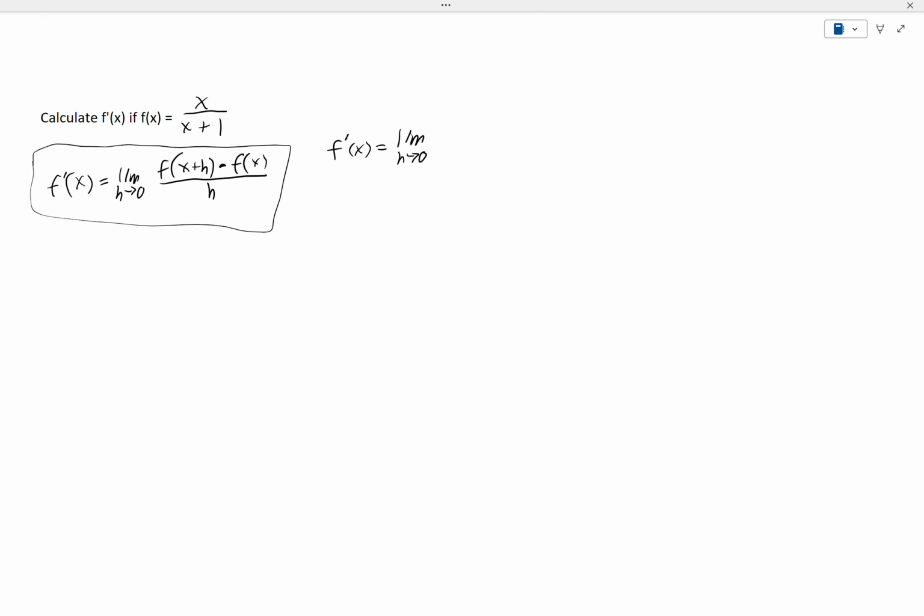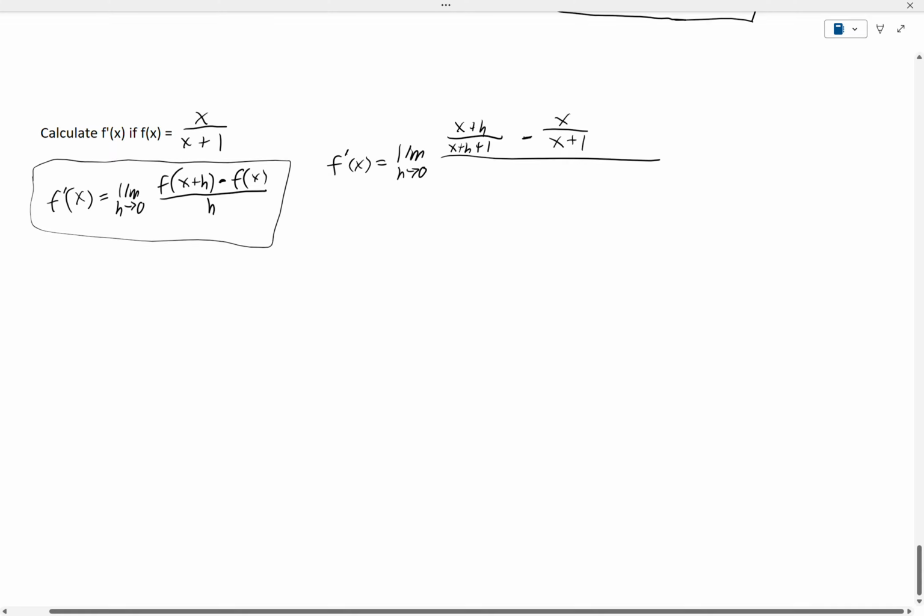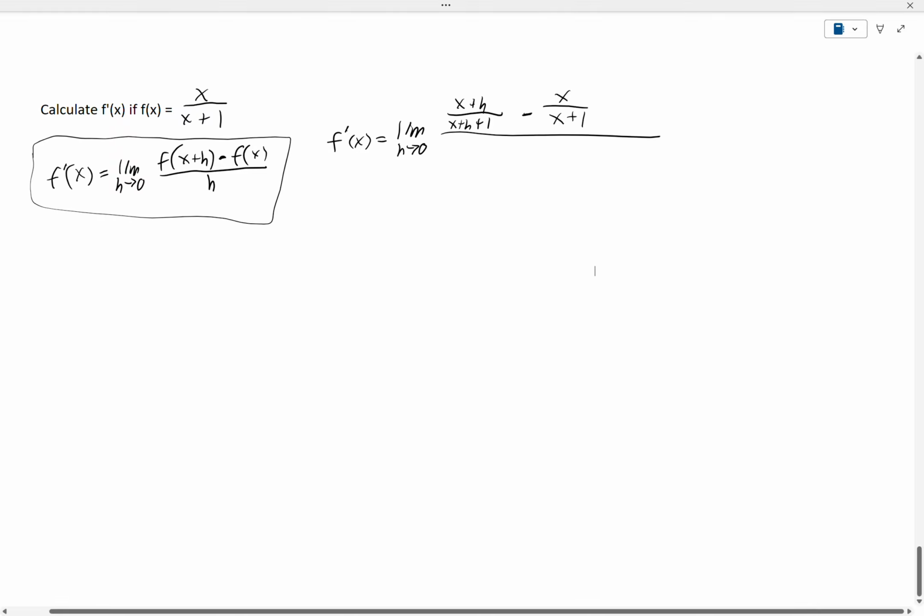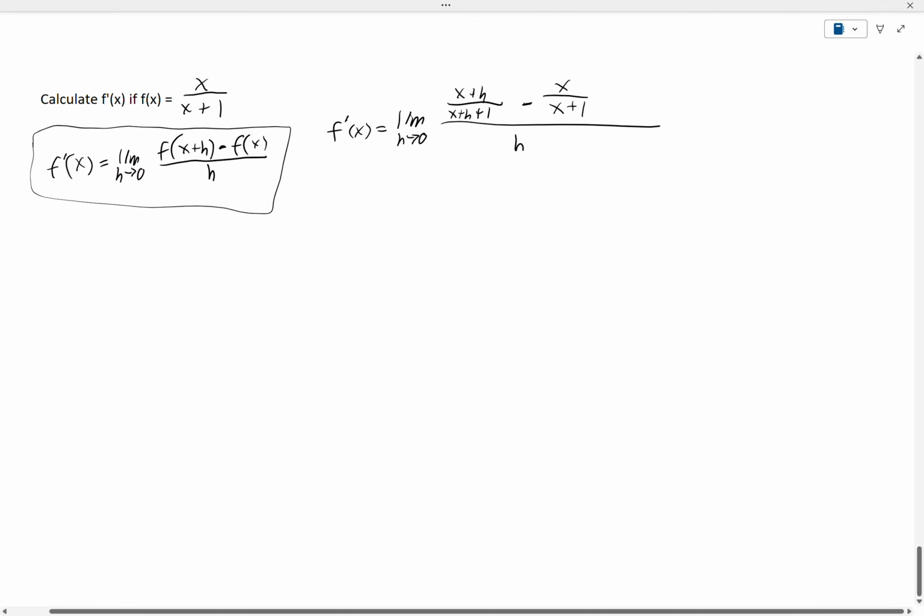So I'm just writing out the function, but for every x in the function, I'm putting in x plus h. So it's x plus h all over x plus h plus 1. And for the second term in the numerator, it's just the plain old function. There we go. And in the denominator, I just have h.